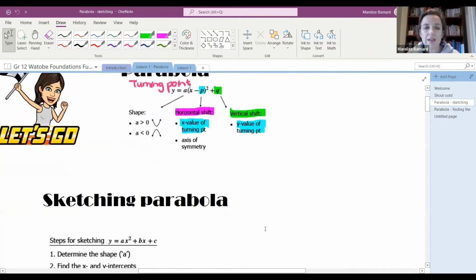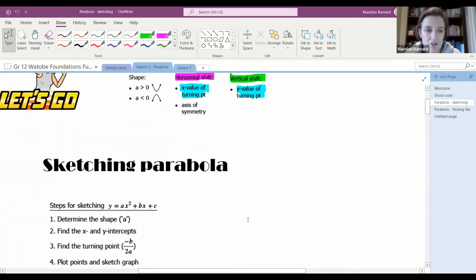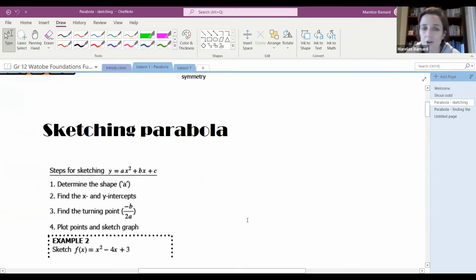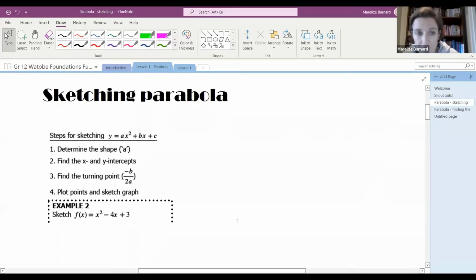But before we do that, let's just sketch. Okay, so if you are making notes at home, make sure that you've taken down those two forms, the standard form and the turning point form. And we're going to start off by sketching a parabola that is in standard form.